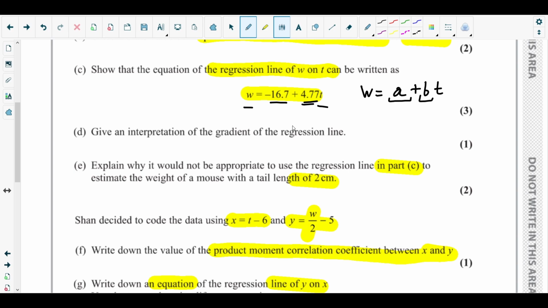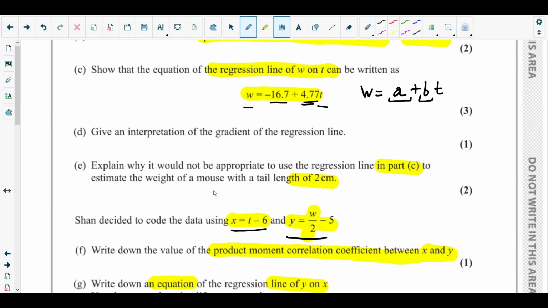Since the data has been coded, we can substitute the coding formula directly into the regression line equation. In order to substitute, we need to make t the subject and w the subject from the two equations.